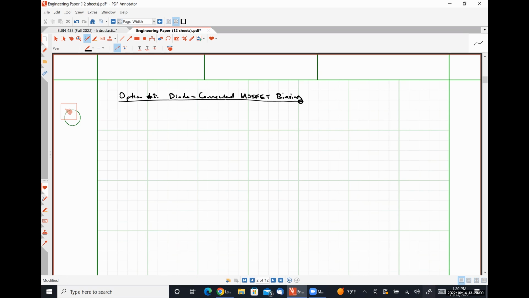But effectively, what it looks like is this. We have our supply voltage, and then I'm going to put a PMOS transistor up here, an NMOS transistor down here. And I am going to make both these transistors, so this is M1 and this is M3, both of these guys are going to be diode connected.